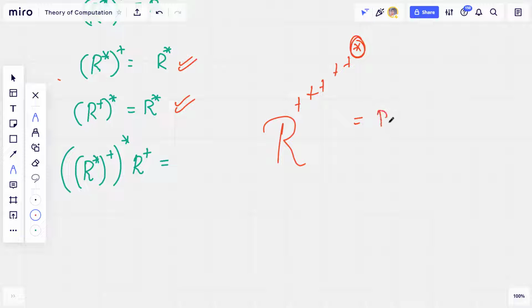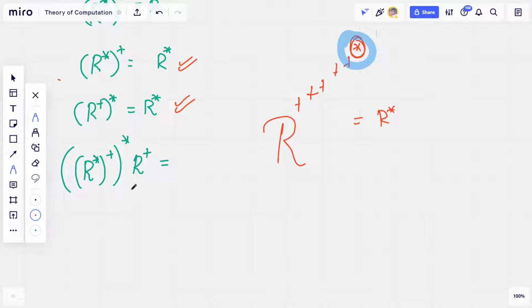Then this will be equal to R star only. This one star is actually enough to prove that the answer will be R star only, because everything boils down to whether epsilon is present or not. And if there is a star, I can take everything as 0 and get epsilon, and if I put 1, of course I'm going to get every other string.